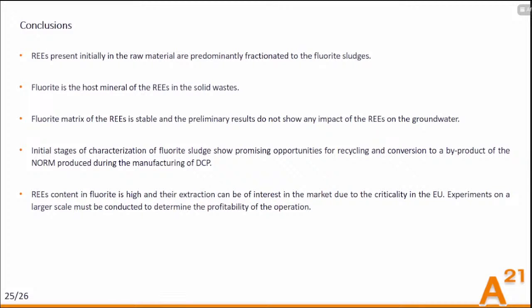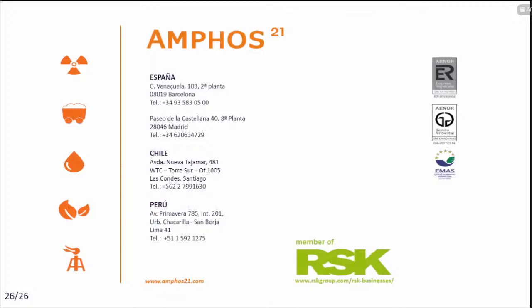And well, if not the rare earth elements, the fluoride as well is a critical raw material. So if it would be really hard to extract some of the rare earth elements, fluoride can also be used as a material which could be sold, reducing the amount of waste. But we would have to perform some other experiments on a larger scale just to see if it's profitable or not. And that's it. Thank you.